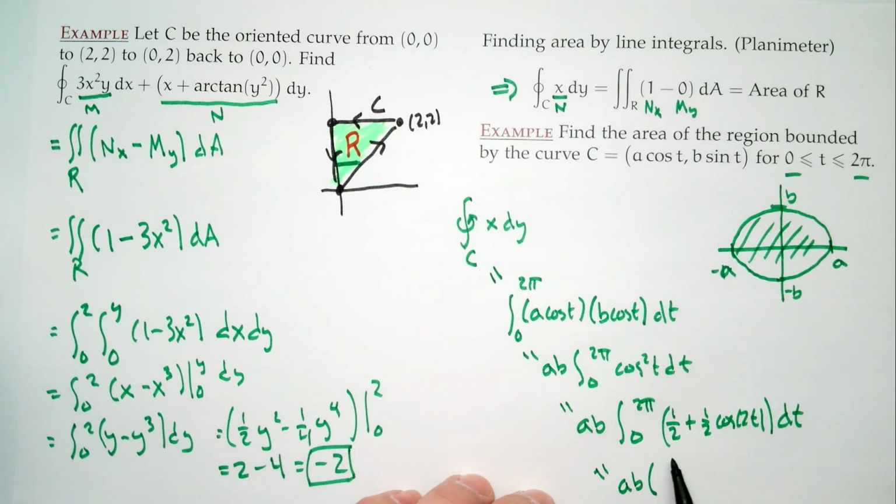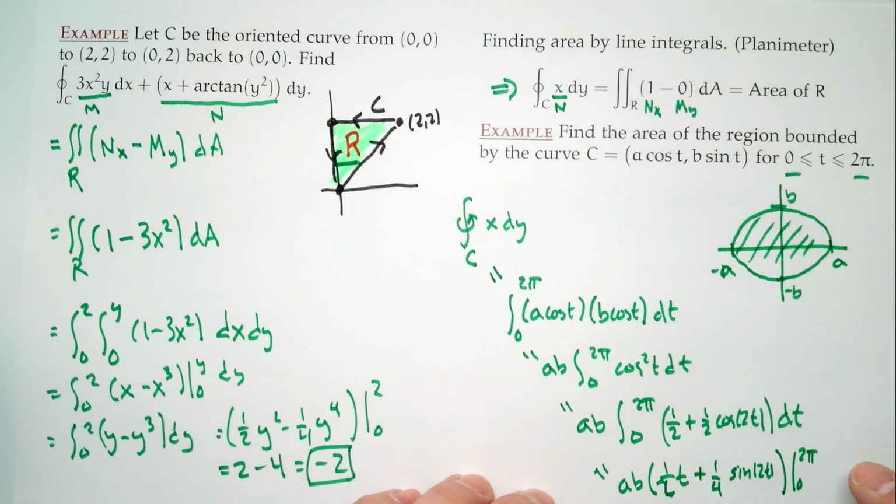AB, integral of 1/2 is a half times t. All right. Integral of 1/2 cosine 2t. Well, there'll definitely be a sine 2t, but what's in front? 1/4, because there's already a half there, and there'll be another divided by 2 because of the inside. All right. Now that's going to be evaluated from 0 to 2 pi.